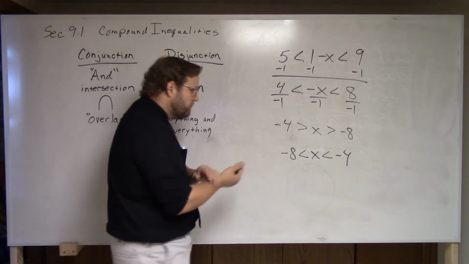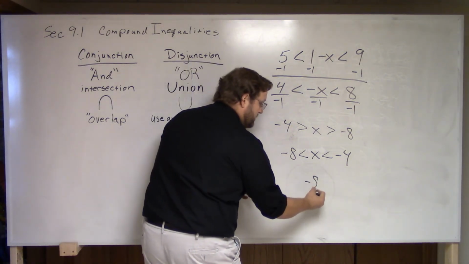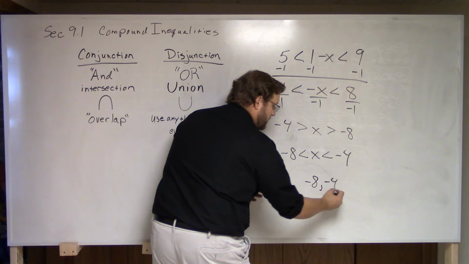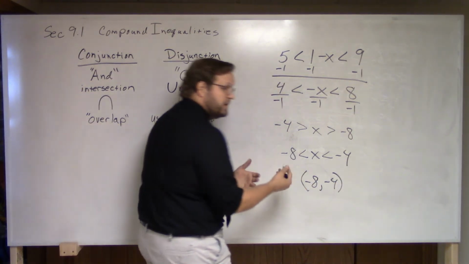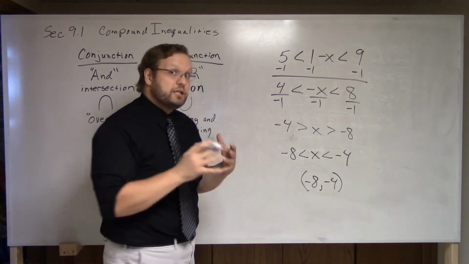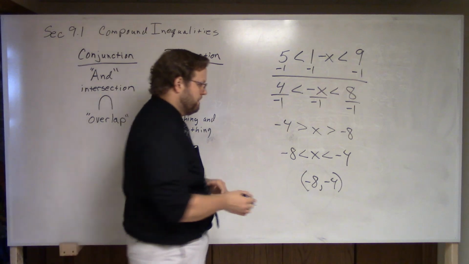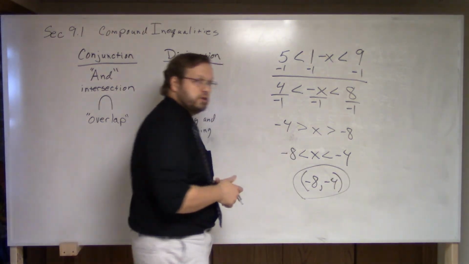So what I get here then is something that goes from negative 8 to negative 4, parentheses because there's no or equal to. Again, in this case, it is safe to say, as long as you're going small to big, that the shading is going to be in between. And here's your interval notation answer.